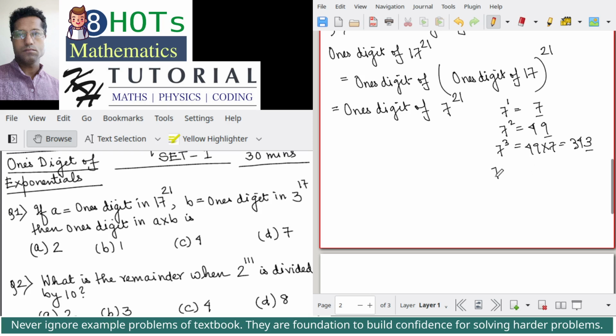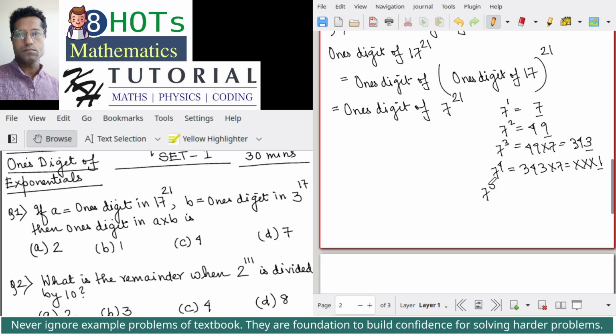And 7 to the power 4 will be 343 multiplied by 7. Whatever this number will be, you can see the last digit will be 1, because 7 times 3 is 21. So the ones digit of 7 to the power 4 is 1.